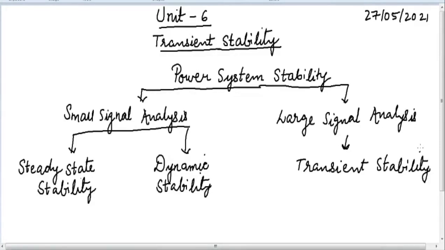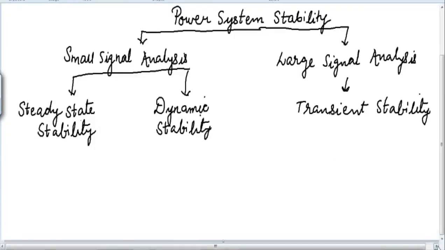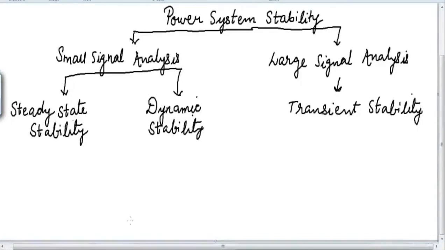The stability of a system is broadly defined as the property of the system that enables it to remain in equilibrium under normal operating conditions and to regain an acceptable state of equilibrium after being subjected to disturbances. Because we cannot consider that a system will be perfectly balanced all the time.